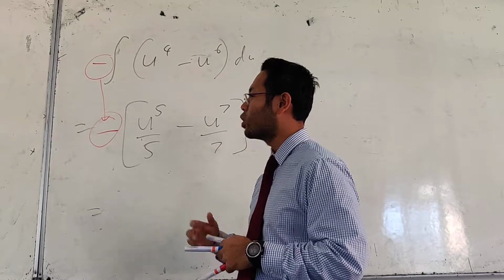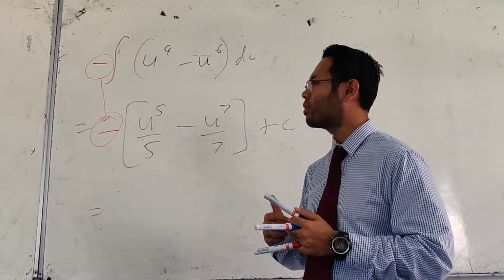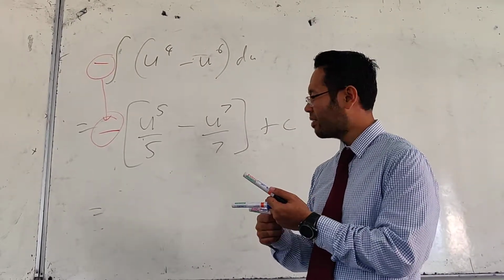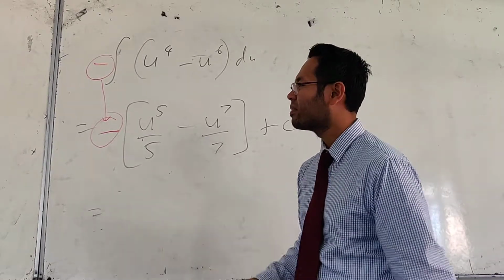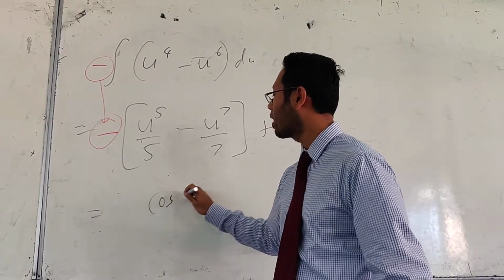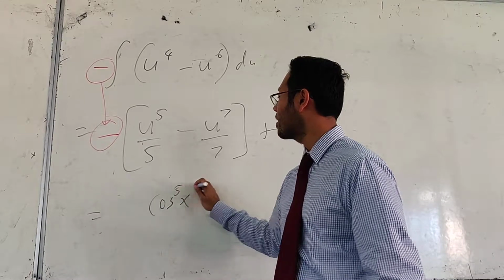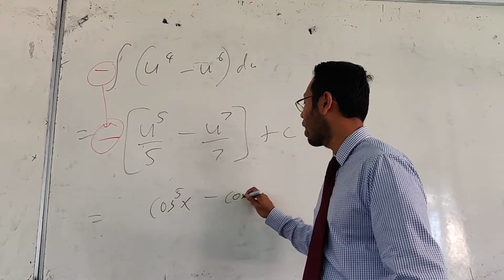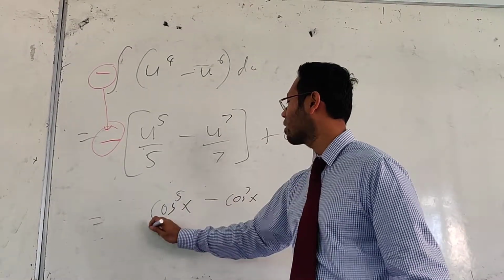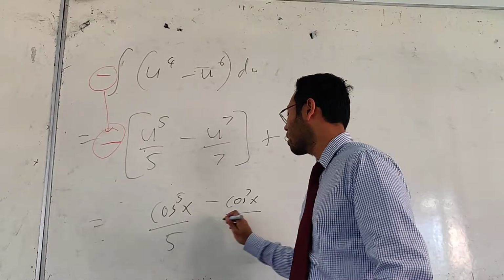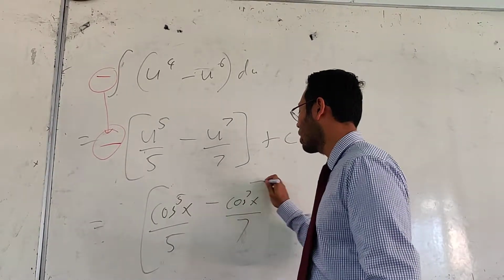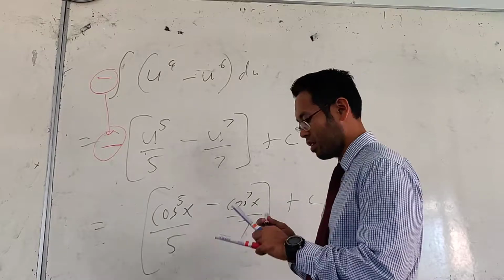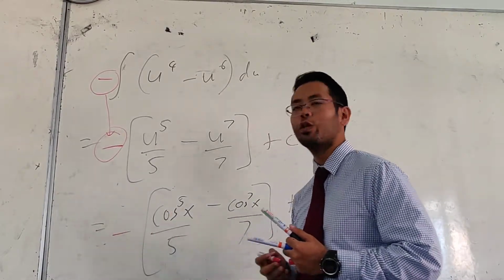U5. Yeah, you should not leave your answer in that form. What should you do? Substitute back. Cos that's 5 minus. What should we do now?